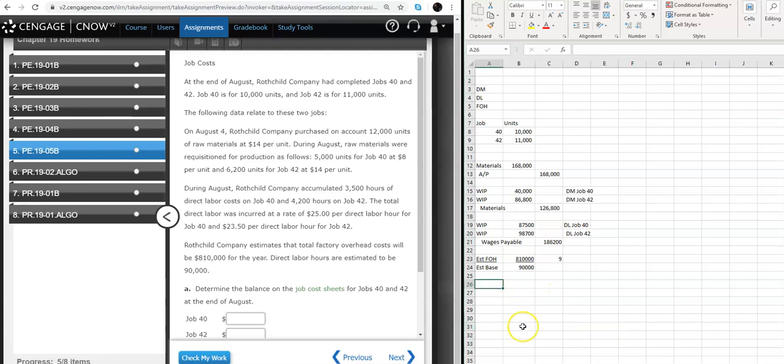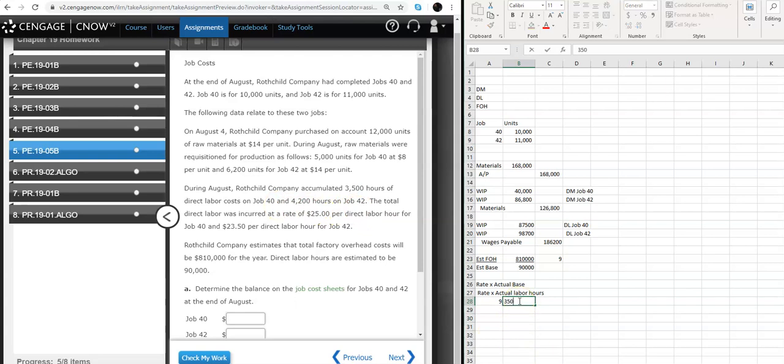So then I know that I take my rate and I multiply it by the actual base. So I'm going to say rate times actual labor hours. All right, well, I know my rate is $9 and my actual hours, I can look back up here and my actual hours are 3,500 for job 40 and 4,200 for job 42.